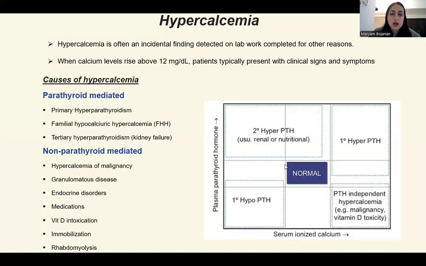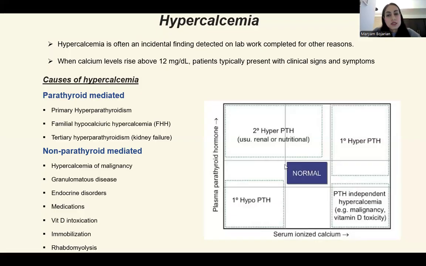And also this graph can show the same idea. If you have low serum ionized calcium and low PTH level, we have primary hypoparathyroidism. If your calcium is high and you have a low parathyroid hormone, we have non-parathyroid mediated hypercalcemia. And if everything is normal, your patient has normal levels.